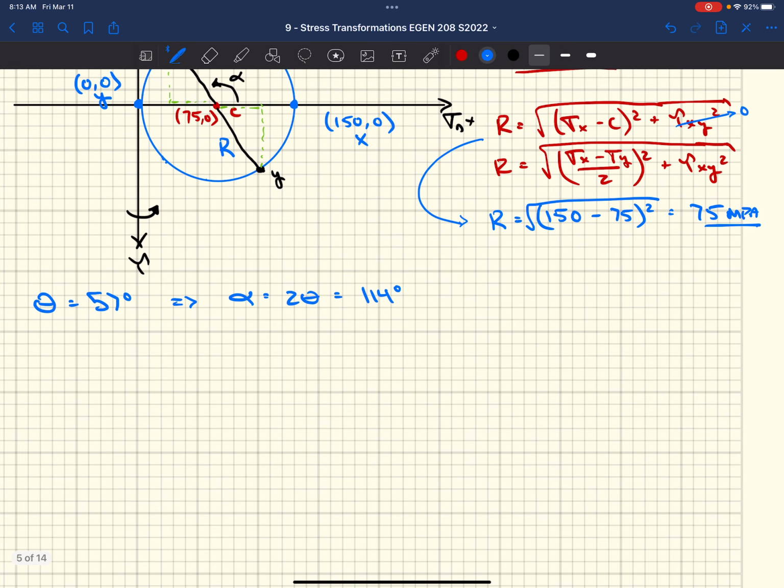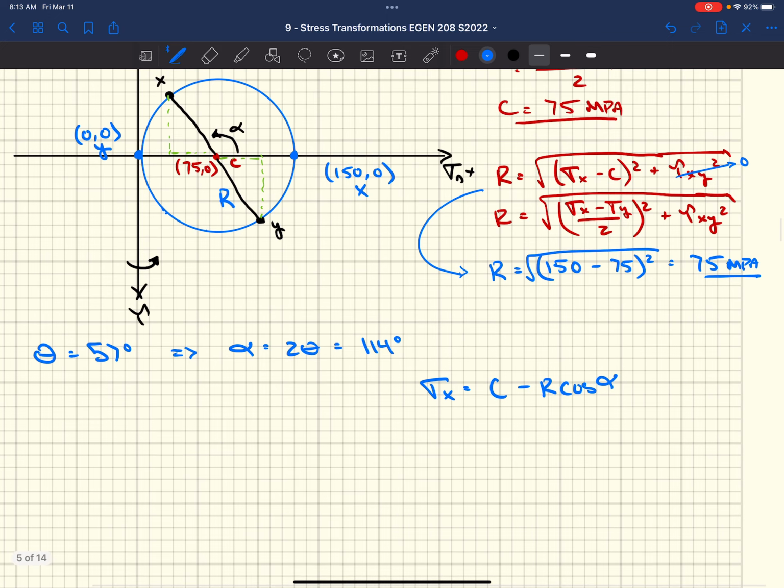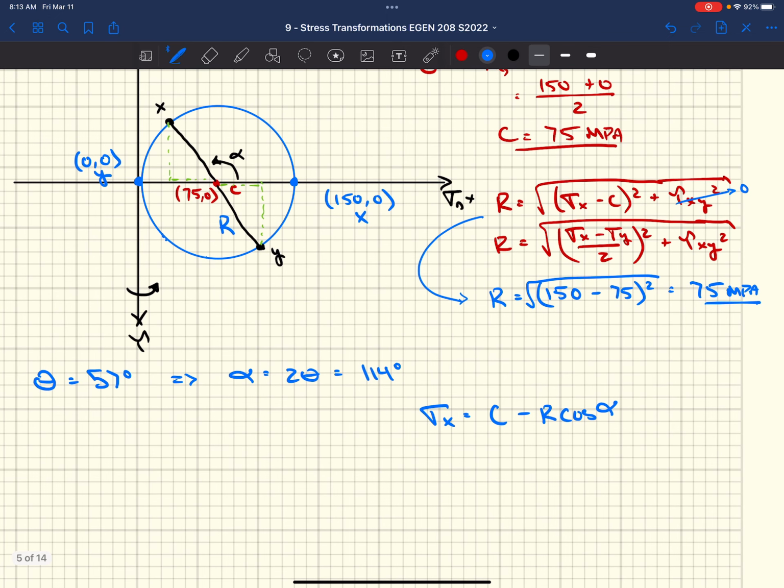If we look at sigma x, it's going to be the center minus the radius times the cosine of alpha, because we're figuring out our normal stress, our x coordinate. So we start with the coordinate of our center, and then subtract from that the cosine of alpha times the radius, which is essentially just the horizontal component there.